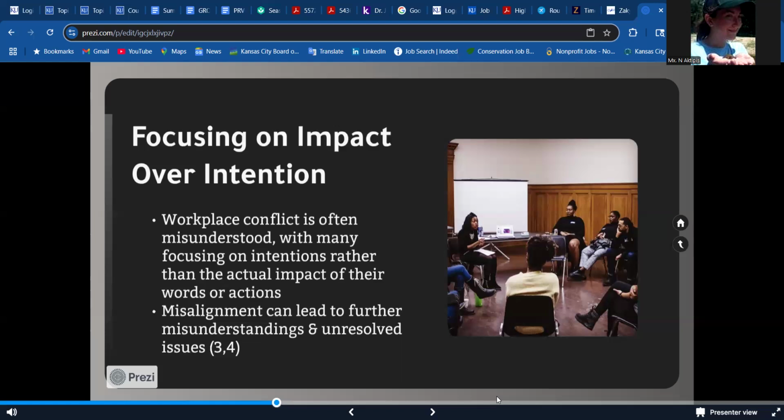So oftentimes, people saying, "Oh yeah, intention," there's still misunderstandings, right? And so focusing on intentions rather than the actual impact of their words or action can start to cause misalignment, and then further down the road, more misunderstandings and unresolved issues, which is not great for getting work done.